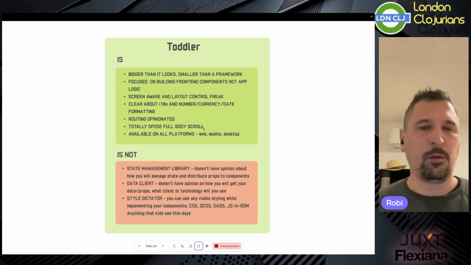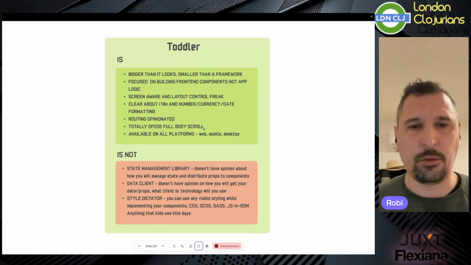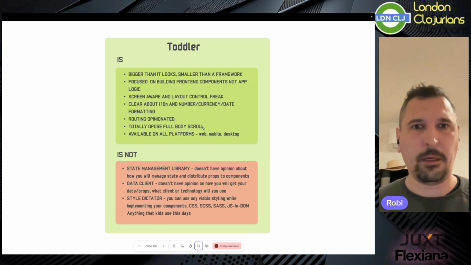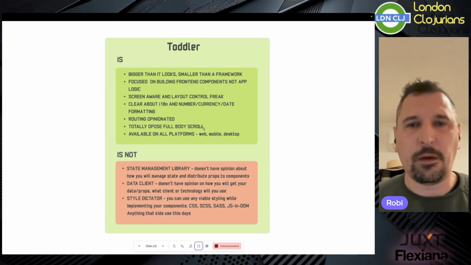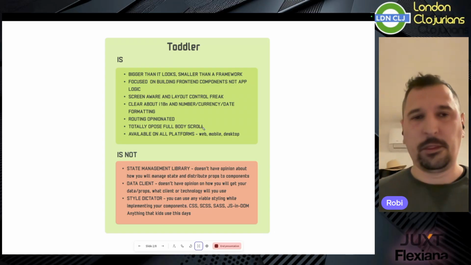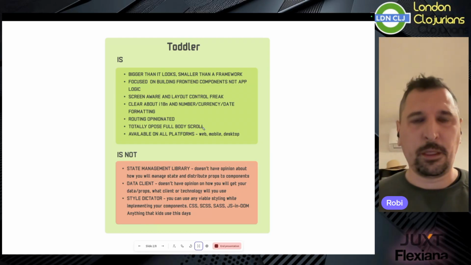And that is all Tauri credits, not Toddler. It's just using Tauri. You could use probably any JavaScript framework. I just haven't heard that the Clojure community is going in that direction, so I'm mentioning it here.